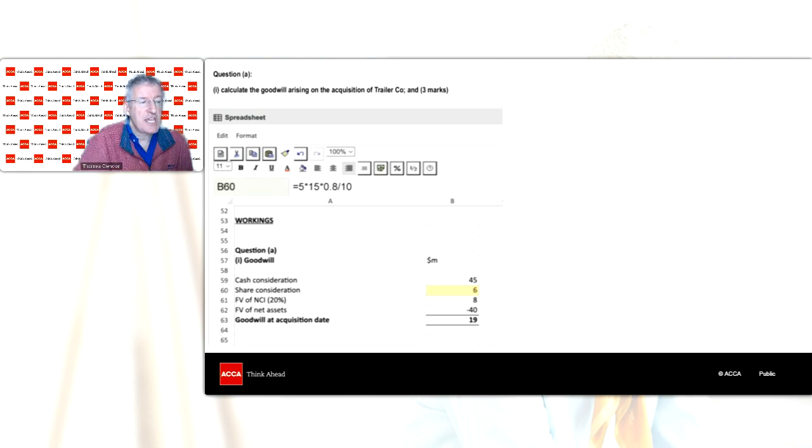And you can see here how cell B60, although the number of 6 is there, this candidate has used the cell to put in the formula and therefore done the calculation correctly, quickly, efficiently, and left an audit trail. They haven't just written in the number 6 because the number 6 requires a calculation. All right. So, that's one way of doing it, 3 out of 3.